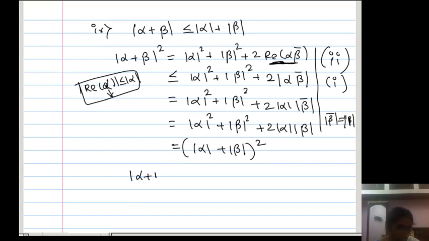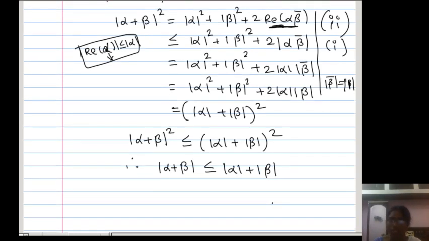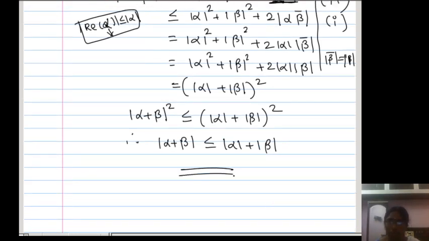Mod alpha plus beta whole square is less than or equal to mod alpha plus mod beta whole square, hence mod alpha plus beta is less than or equal to mod alpha plus mod beta. This is my final property.